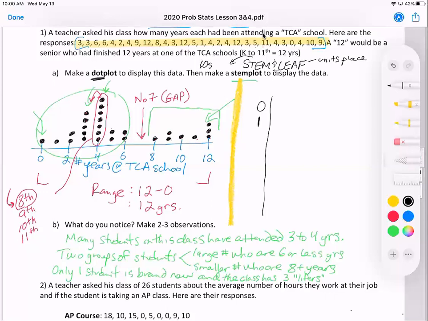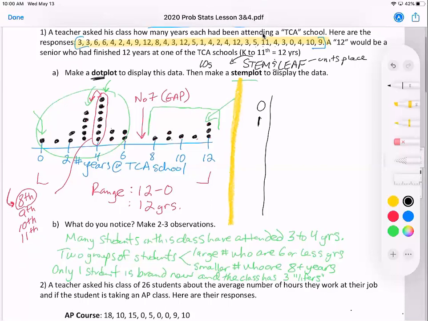So we have at 1, 10. So a stem plot, this 1 represents the 1 in 10. And then this 0 next to it is a leaf, and that represents that there's 1, 10, 1, 0. And then to identify this guy right there, that would be a 1 again. And you'd write a 1 here, so now that represents 11.